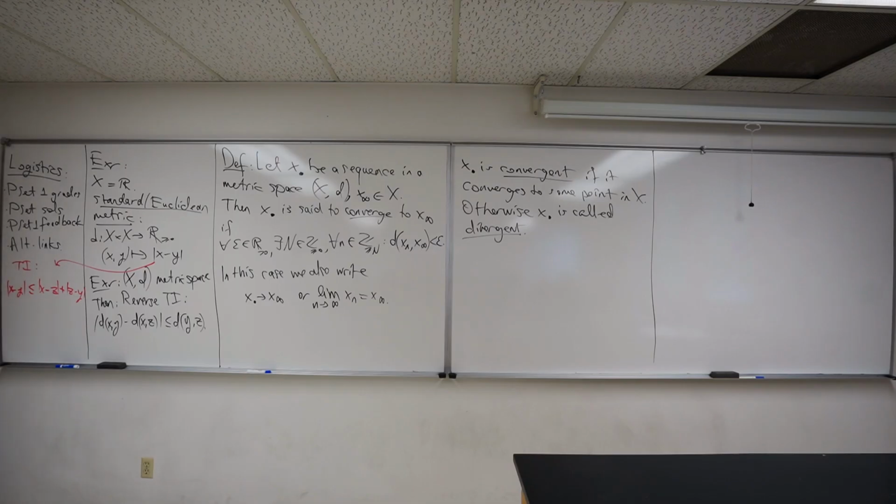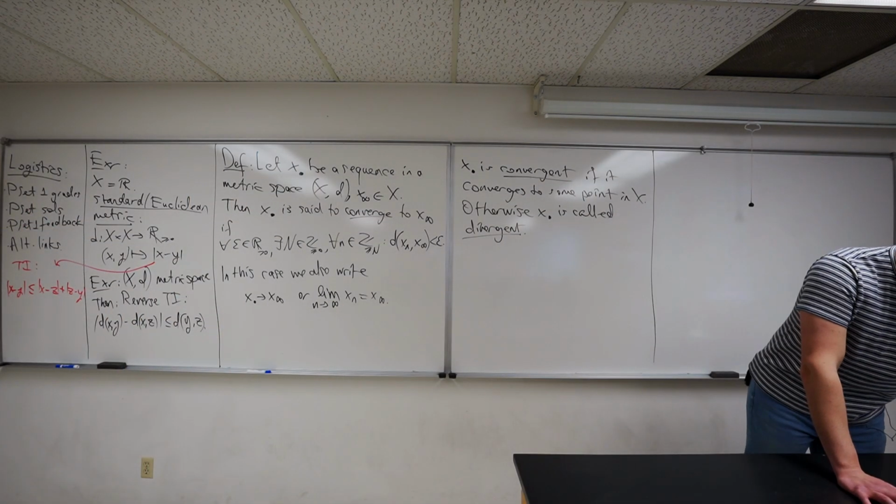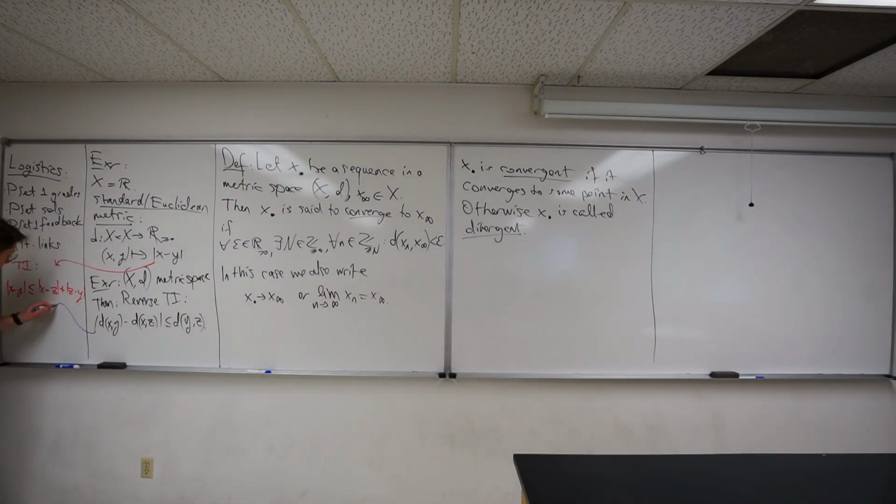You need to just move things around a little bit. If I were to write this expression for this metric, whenever I see d(x,y), I replace it by the absolute value of x minus y.